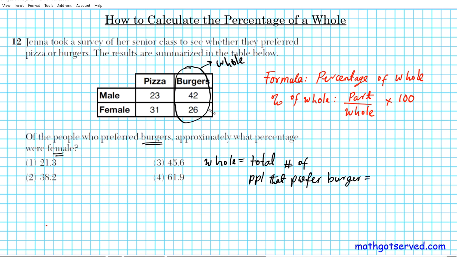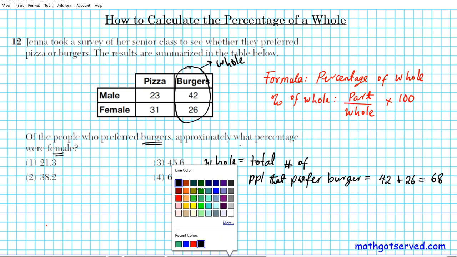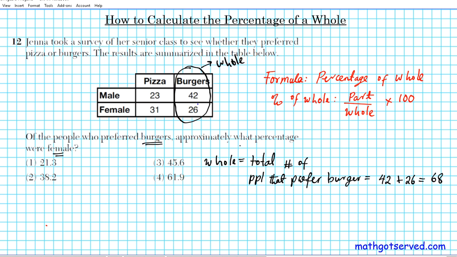This is a combined value, so it's going to be 42 for male plus 26 for female, giving us a total of 68. So that's our whole. Now, what's the part? We're looking for the percentage that were female. So this piece right here, the female numerical figure, represents the part.